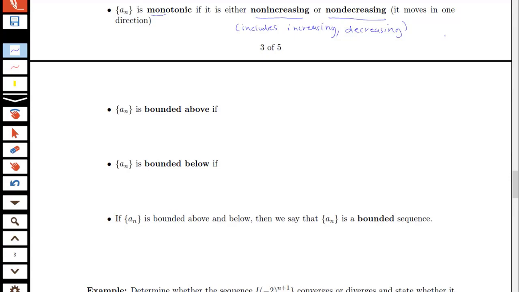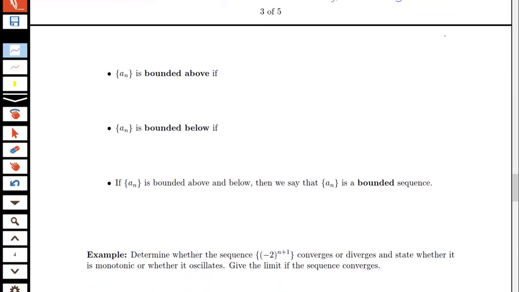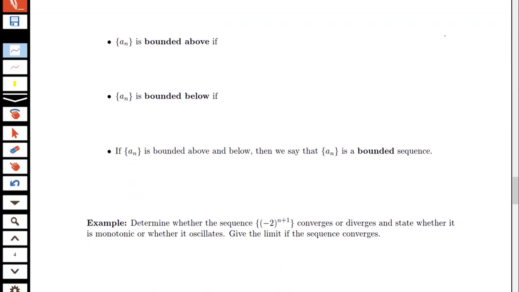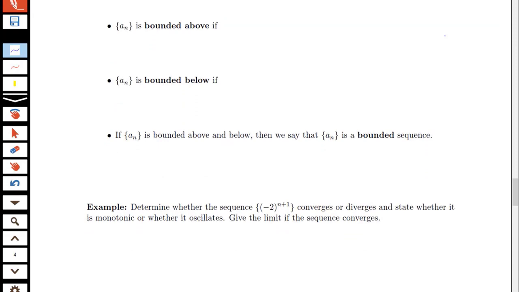We're going to see a little bit later that monotonic is a nice property for a sequence to have that allows us to conclude various things about how that sequence behaves. Another key definition that we're going to need from time to time is whether a sequence is bounded.